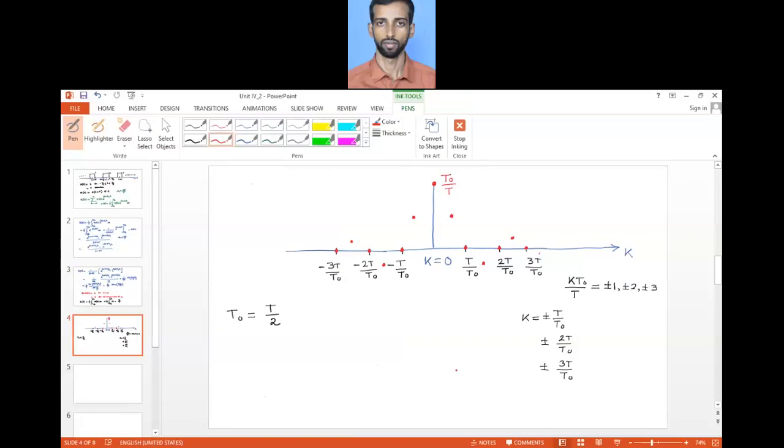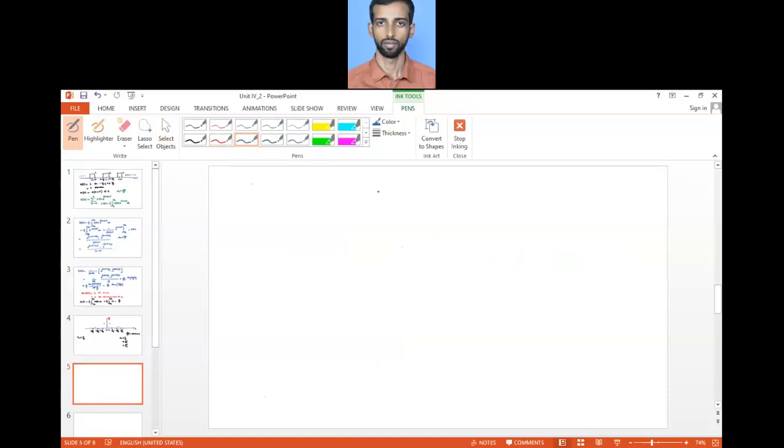Let me gradually go into some of the properties of the Fourier series representation. Suppose the signal is x of t, a periodic signal, then the corresponding Fourier coefficients are represented in the frequency domain as x of k. Simple Fourier series.